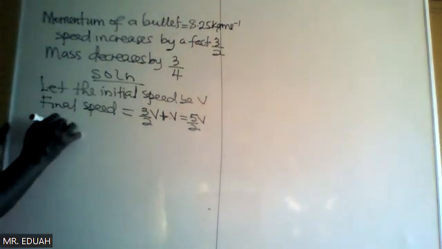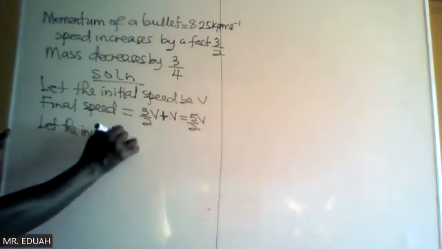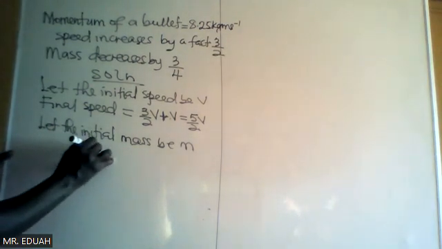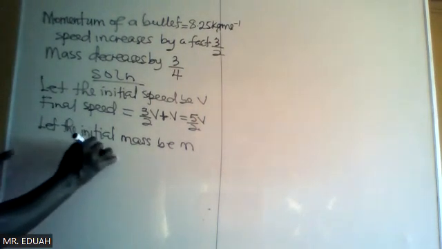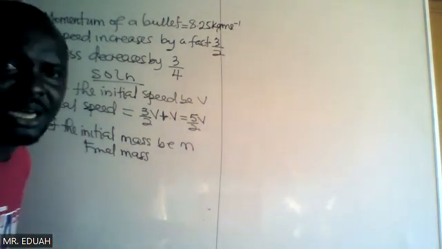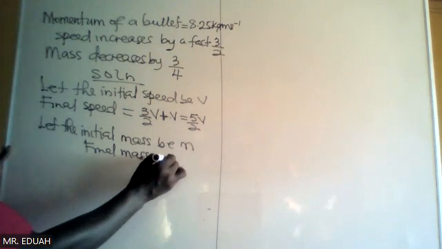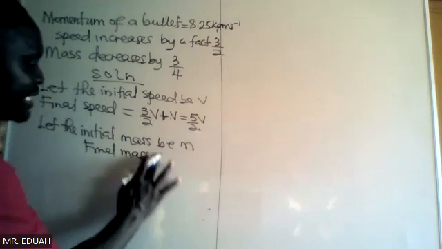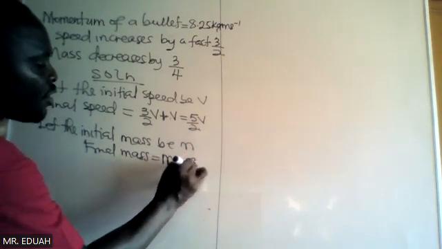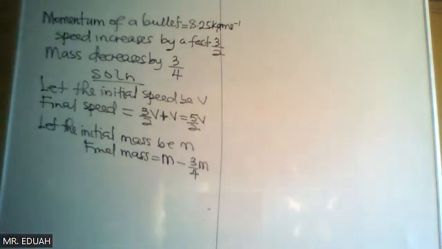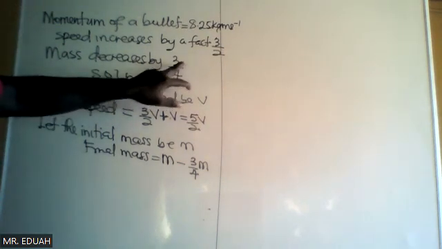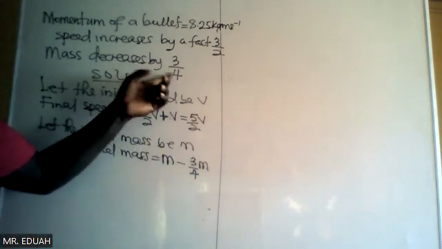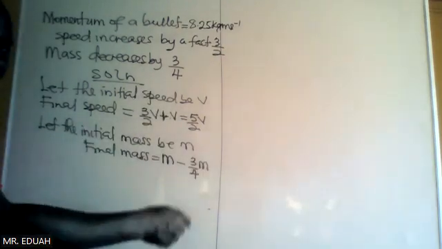Then let's look at the mass, which is decreased by a factor of 3/4. Let the initial mass be M. The mass decreases by this factor, so we have the original mass M minus 3/4 of the initial mass M. 3/4 of the initial will be removed.